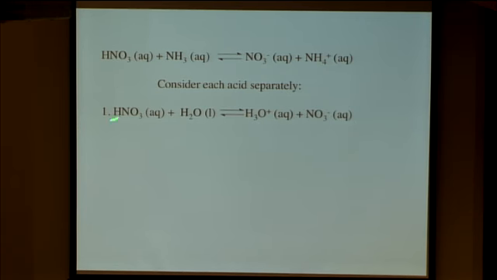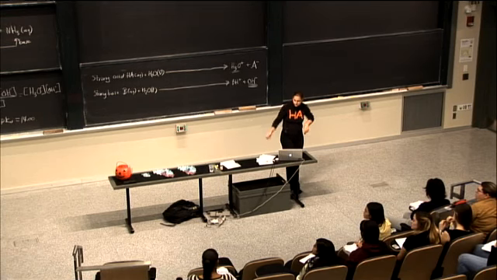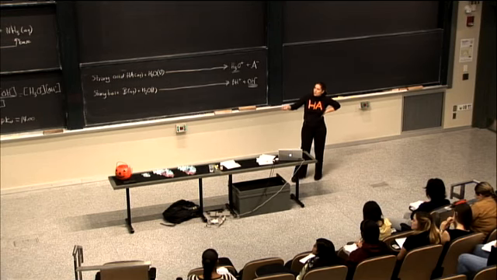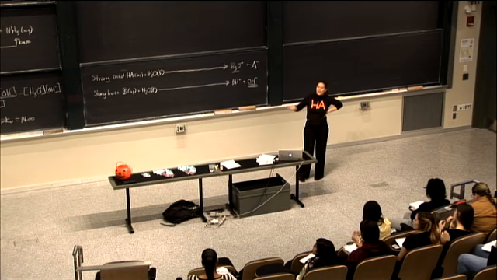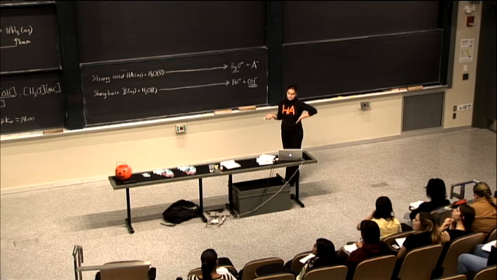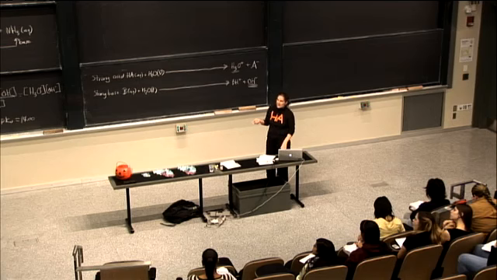If we take this acid alone in water, it will form H3O plus and NH3 minus, so when it gives up its hydrogen ion to the water, it forms its conjugate over here. So now are we going to look at a Ka or a Kb? Ka. And so we're going to have our products over our reactants, and the number is quite large, 20, for that Ka. And now we can look at the other reaction as well.